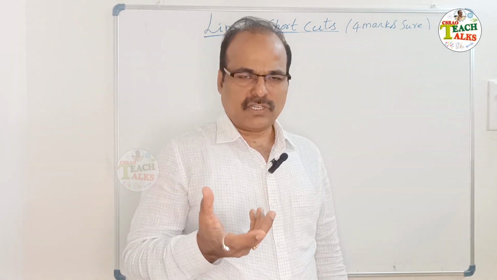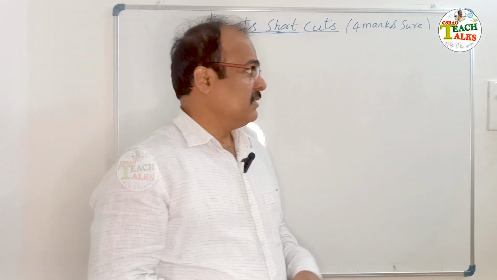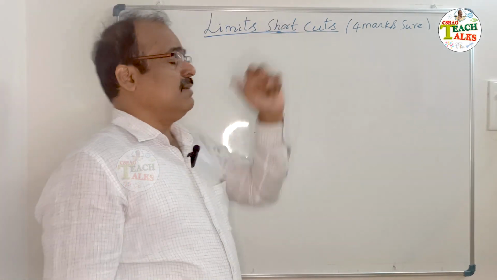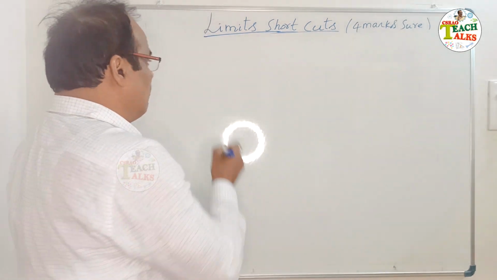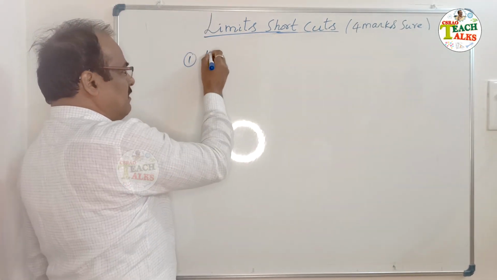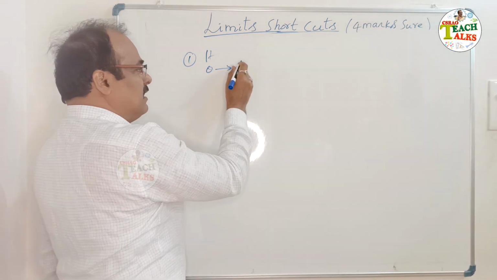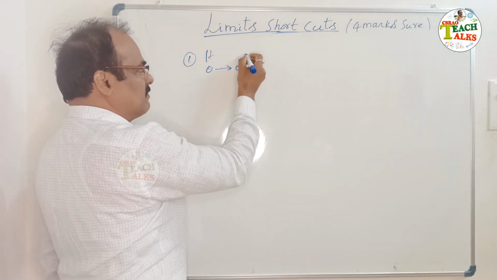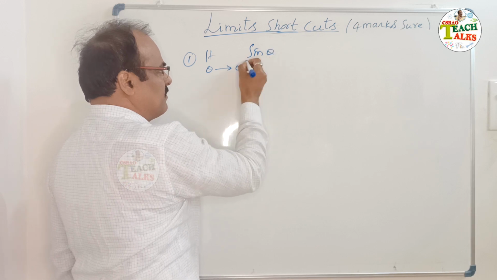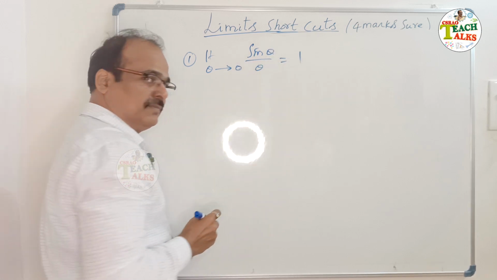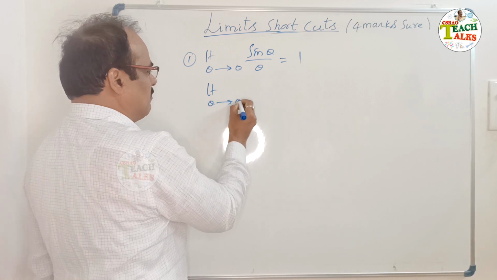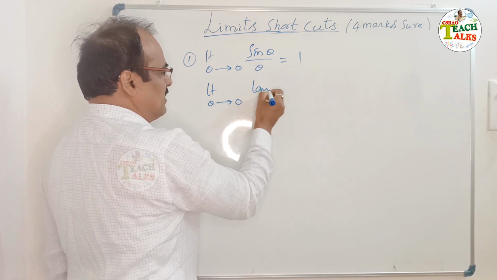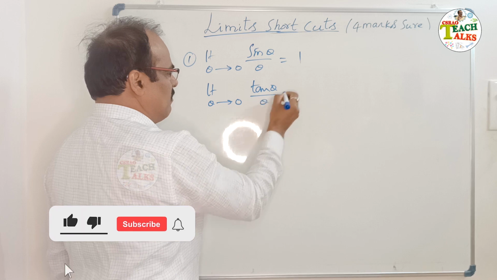Using the shortcuts, I am now going to teach the limits shortcuts. Before teaching, we will discuss the very basic formulas. Limit theta tends to 0, sin theta by theta is equal to 1. And limit theta tends to 0, tan theta by theta is equal to 1.